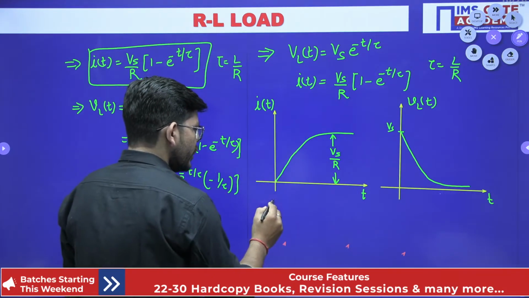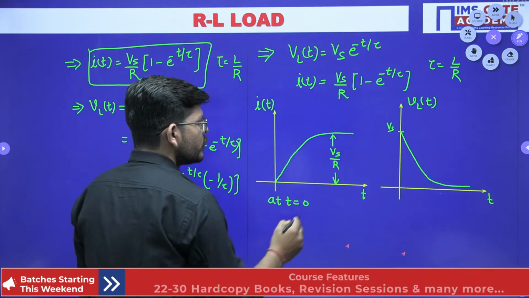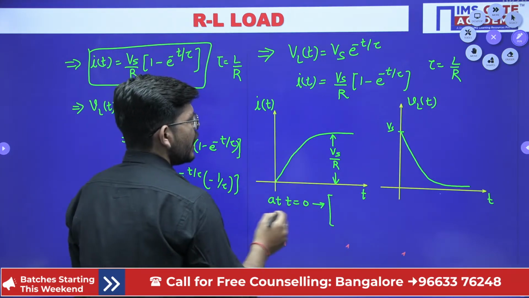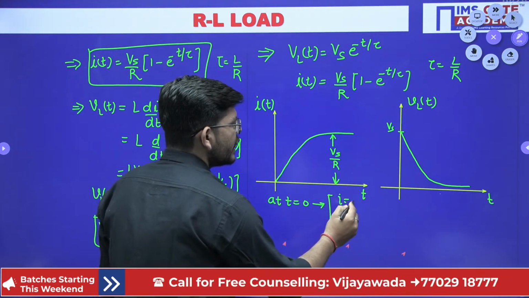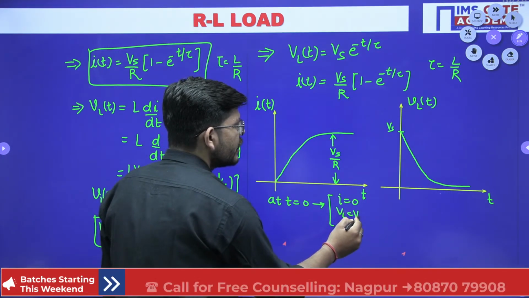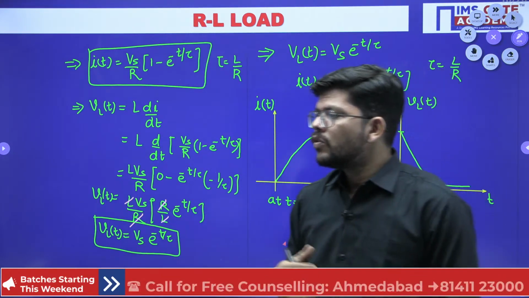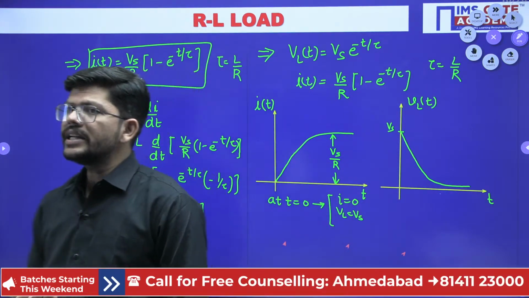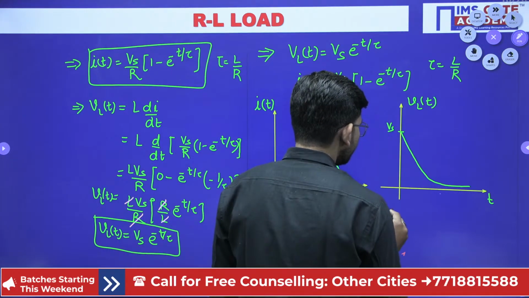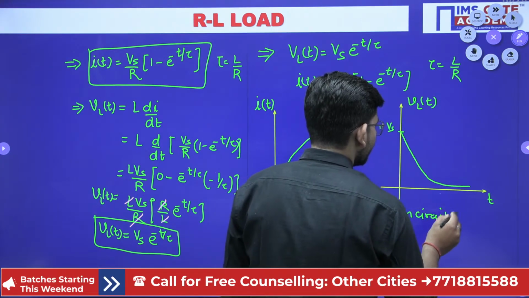At t equals 0, the current is 0 while the voltage across the inductor has the maximum value. Current 0, voltage maximum is an open circuit condition, isn't it? This is an open circuit condition.